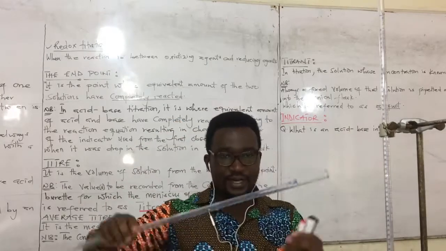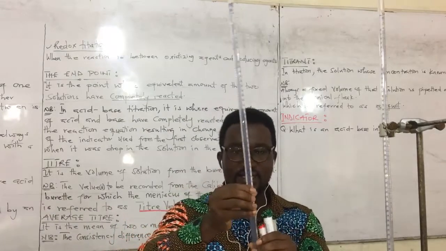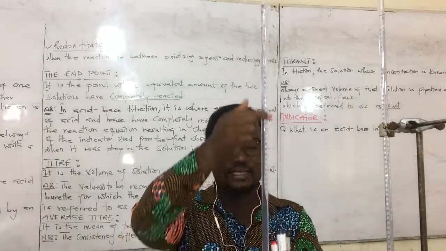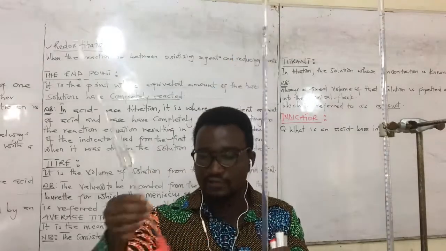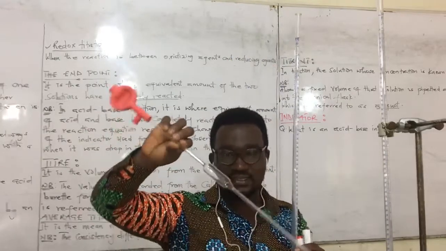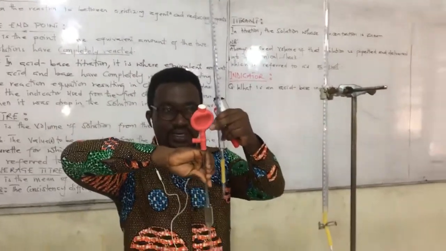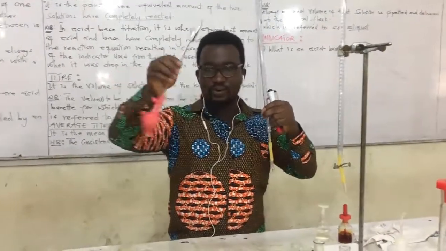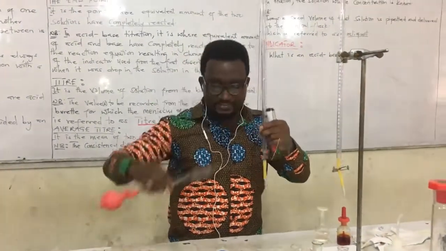Now we have the burette. So that is the burette. You see, it has a calibration. So it has been calibrated nicely. Now we also have the 25 centimeter cube pipette, and then the flip, as I introduced to you previously. So the flip is also there.